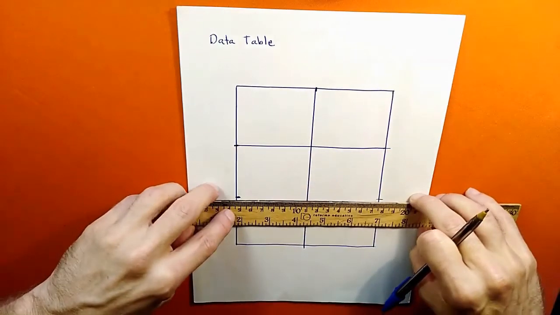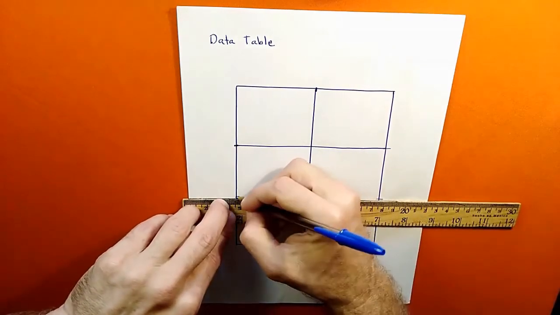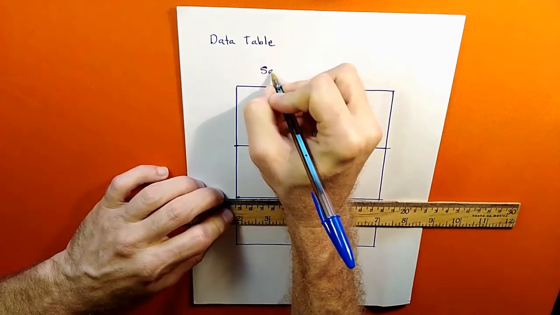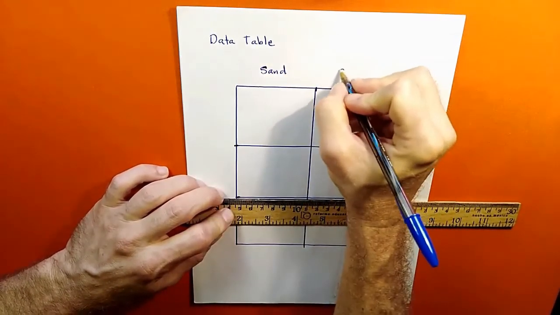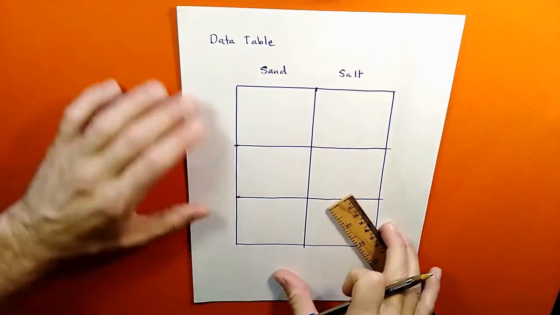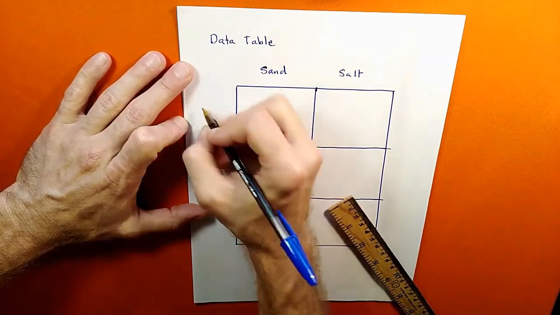Okay. And here we have a nice data table. And this side is going to be for the sand. The right side is going to be the salt.